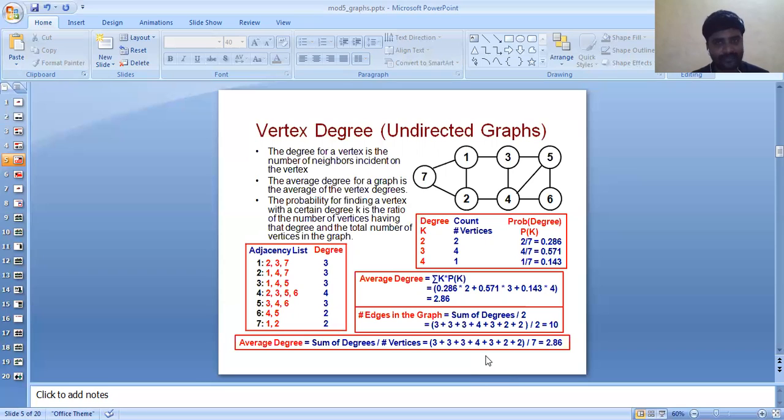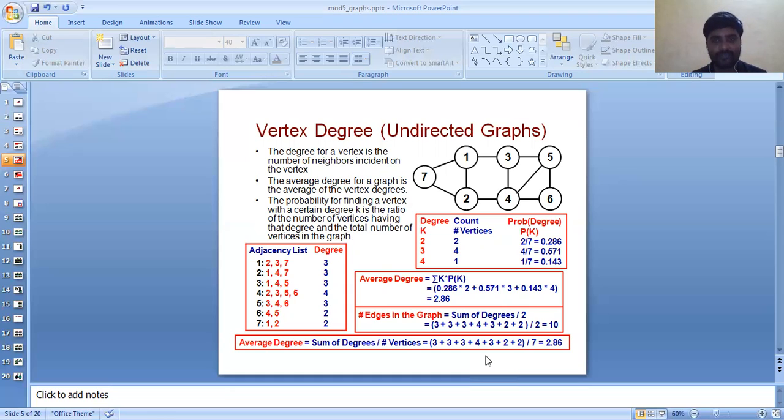The average degree of a graph is the average of the vertex degrees. The probability of finding a vertex with a certain degree k is the ratio of the number of vertices having that degree and the total number of vertices in the graph.